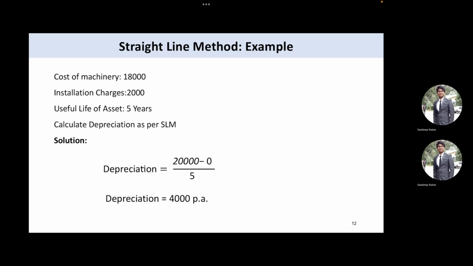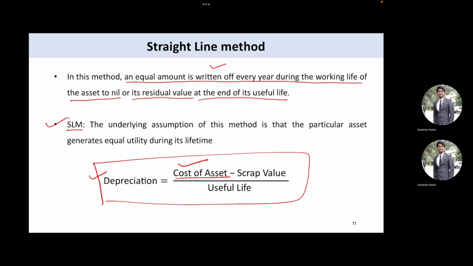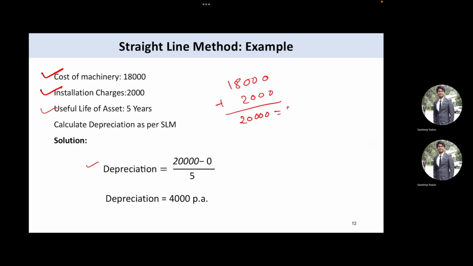So let's take an example. Suppose the cost of a machinery is 18,000, installation charges are 2,000, useful life of an asset is 5 years, and we have to calculate the depreciation as per the straight line depreciation method. Now, depreciation will be 18,000 plus 2,000, that is 20,000. That will be the cost of an asset.